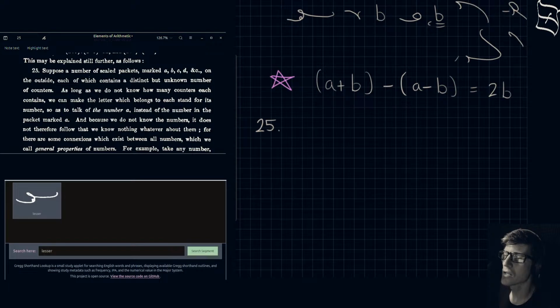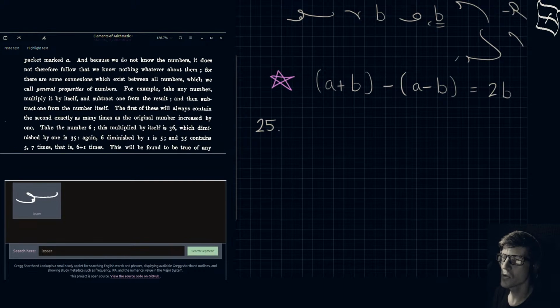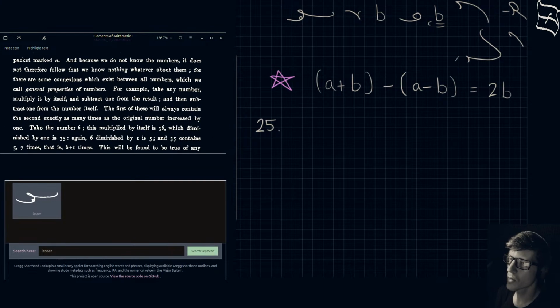As long as we do not know how many counters each contains, we can make the letter stand for its number, so as to talk of the number A instead of the number in the packet marked A. And because we do not know the number, it does not therefore follow that we know nothing whatever about them, for there are some connections which exist between all numbers, which we call general properties of numbers. For example, take any number, multiply it by itself, and subtract 1 from the result, and then subtract 1 from the number itself.